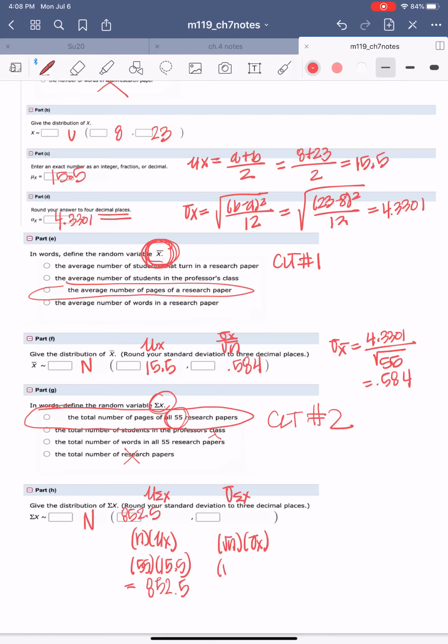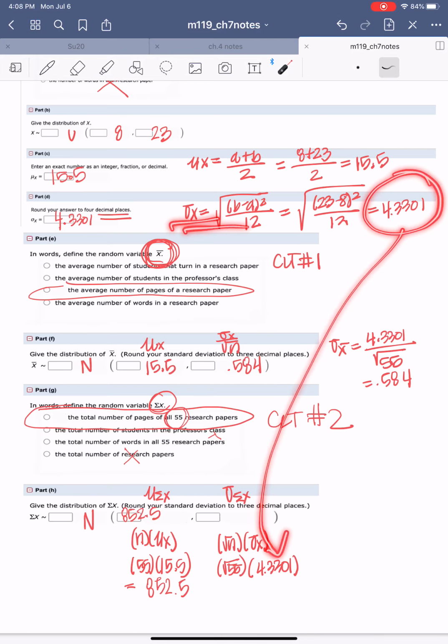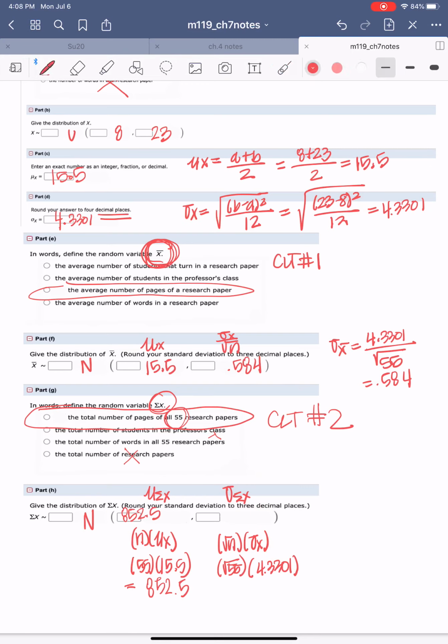Standard deviation: square root of 55 times sigma of x, which was 4.3301, right over here. So my final answer, I'm getting 32.113.